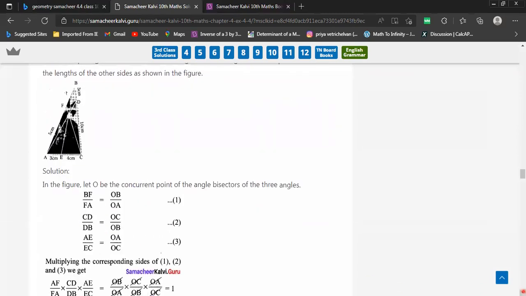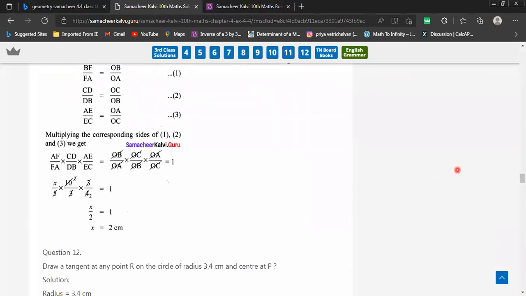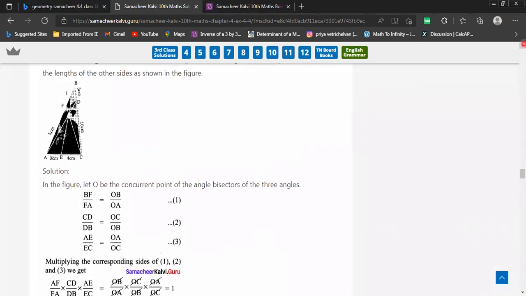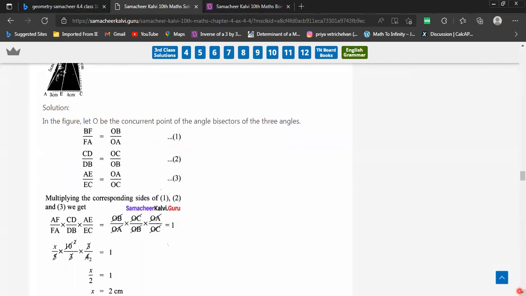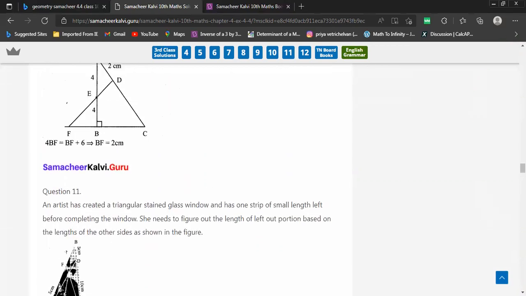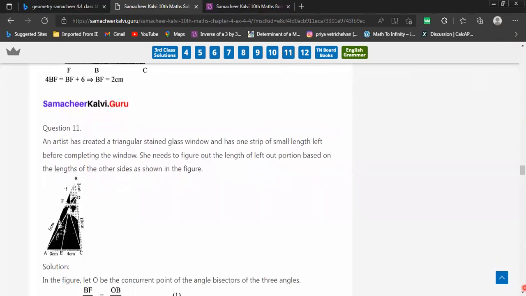The diagram is not clear. Which part do we need to find? AF. Actually, this is AF. It looks like it is stained already.